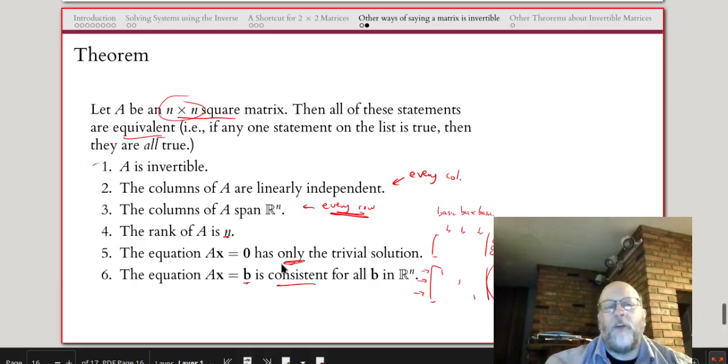And so every single equation using A is consistent. And so knowing that a matrix is invertible automatically gives us a lot of these other facts. The columns are linearly independent. The columns are a spanning set. The equation Ax equals b is automatically consistent. Even if we haven't row reduced it yet to solve it, we know there's going to be a solution to it. Okay?